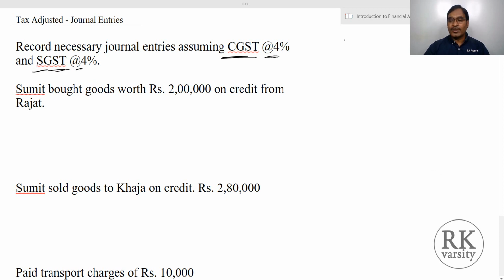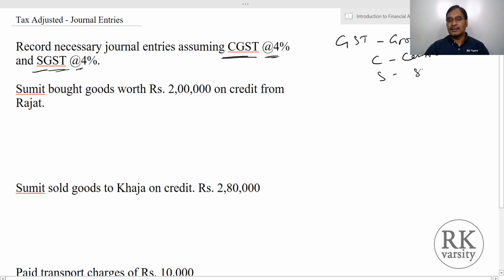So when we say GST, this is goods and services tax, and C is for central and S is state. So central GST is 4% and state GST is another 4%.